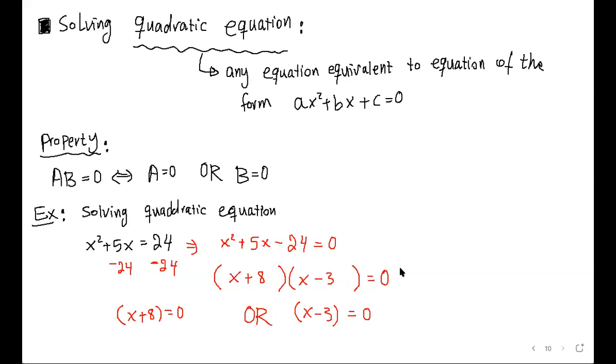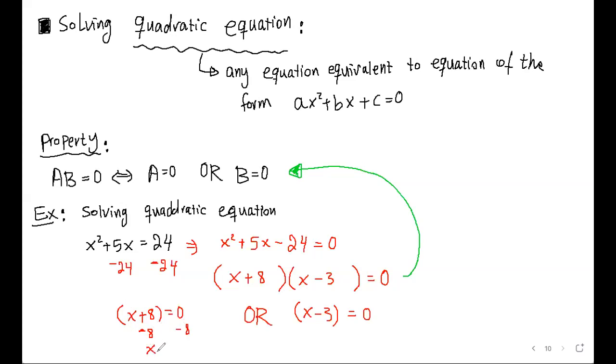Now I solve the linear equations. Look, x plus 8 equals 0. This is linear. So how can I solve this? What do I have to do to get x? Subtract 8.